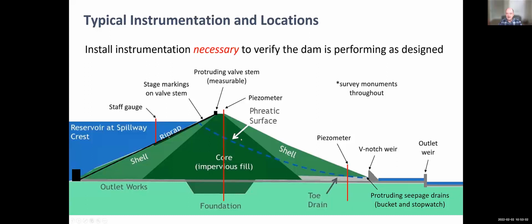When we say surveying, your eyeball is actually pretty good when you're standing up, looking down the crest of your dam or the downstream or upstream face. If you're starting to see any distortion or bulging, you need to make a note of that. Because you are effectively surveying it, not very quantitatively, but you can see things as the shape of your embankment changes.